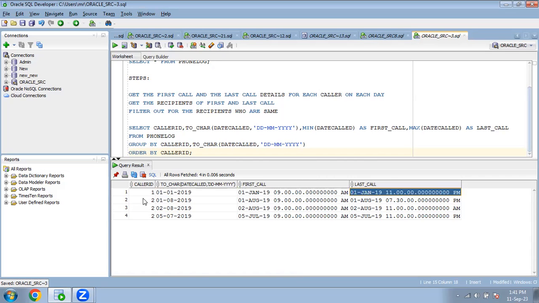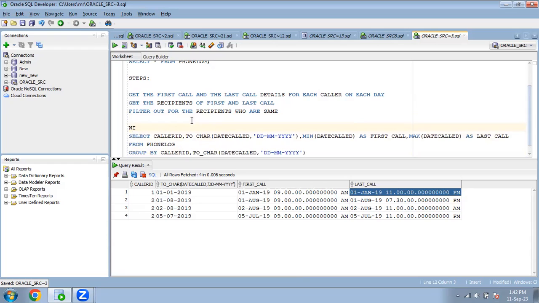For this caller ID on January 1st, 9 o'clock is the first call and 11 p.m. is the last call. But at this level, we don't know who the recipient is for this first call and last call. So the next step is to get the recipient details. How will I get them?